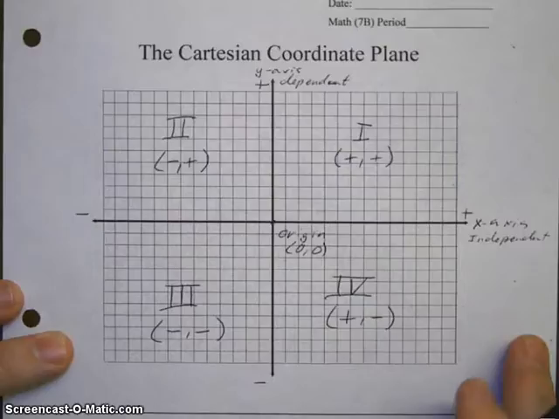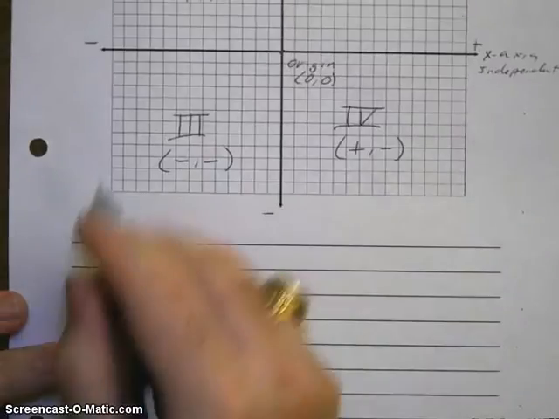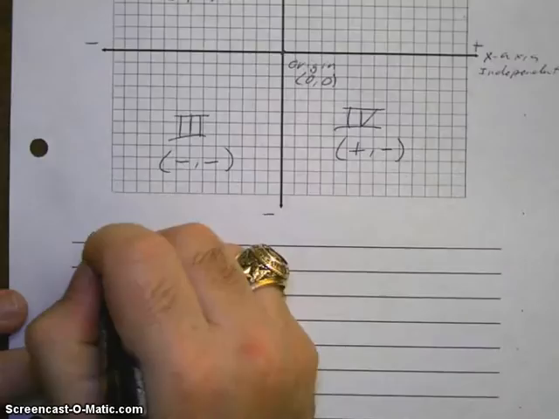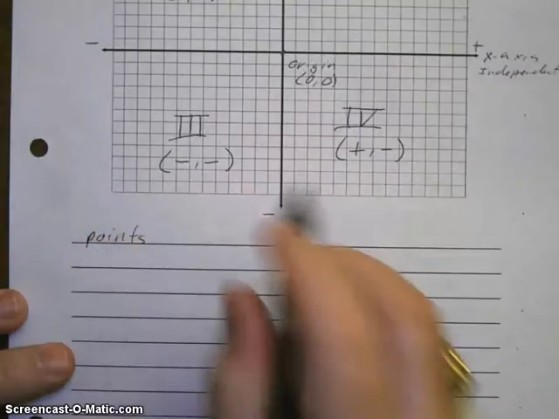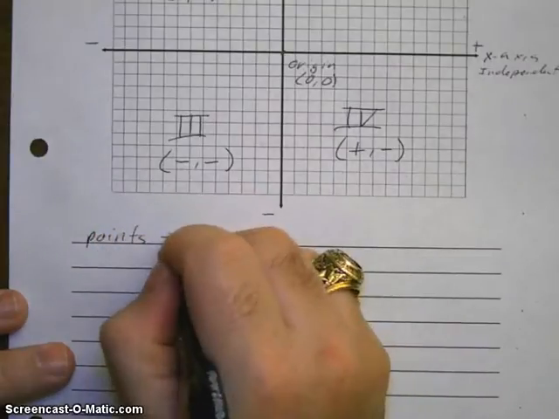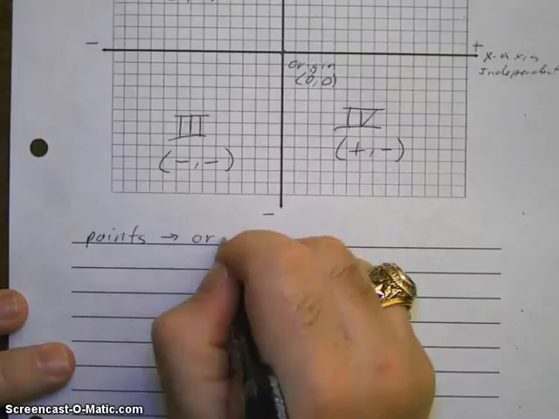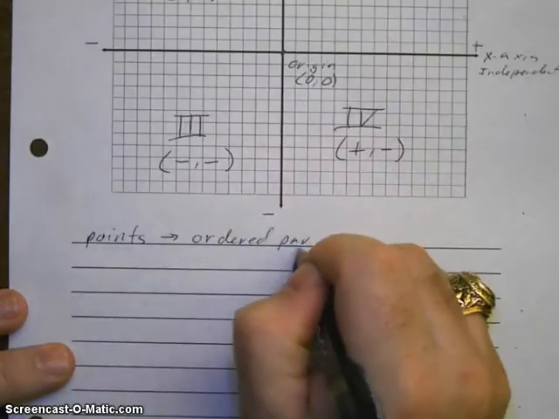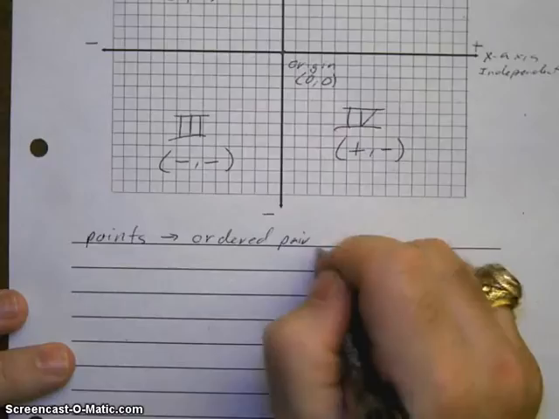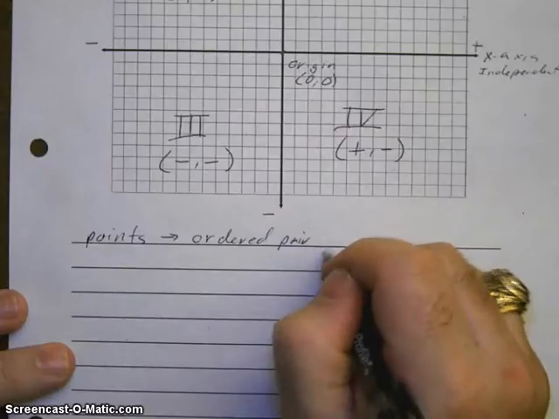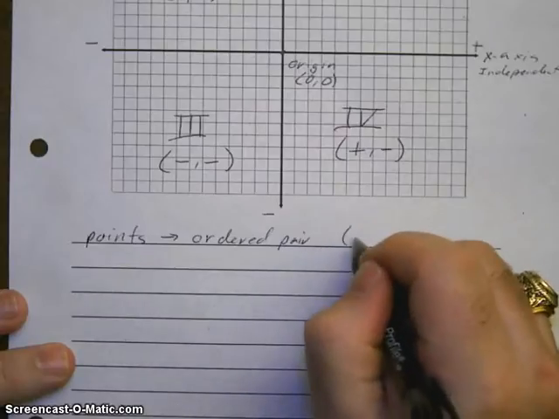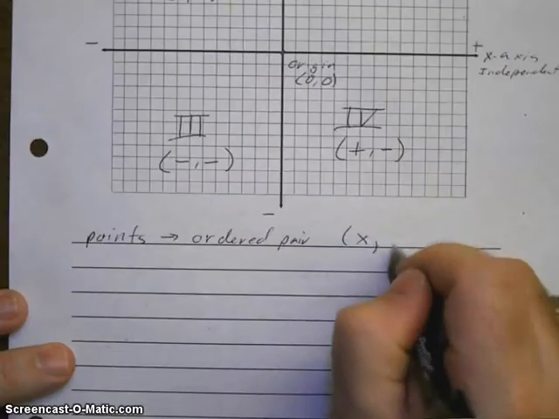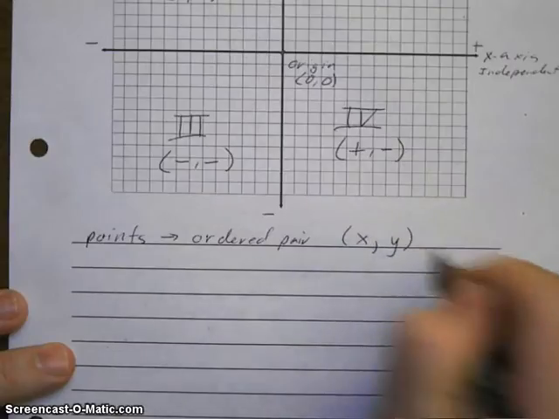Okay? A couple of things to remember. To locate points on the Cartesian coordinate plane, you always use an ordered pair. The ordered pair is always in the form open parentheses x, comma, y, close parentheses.